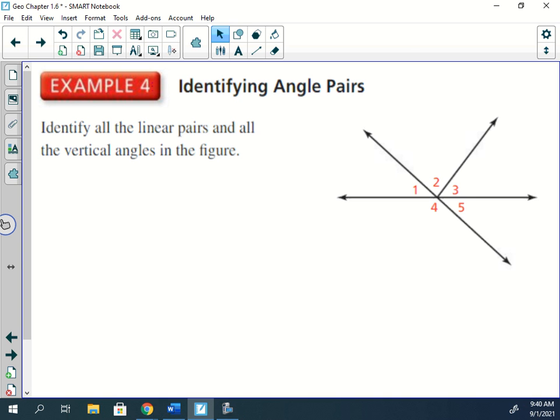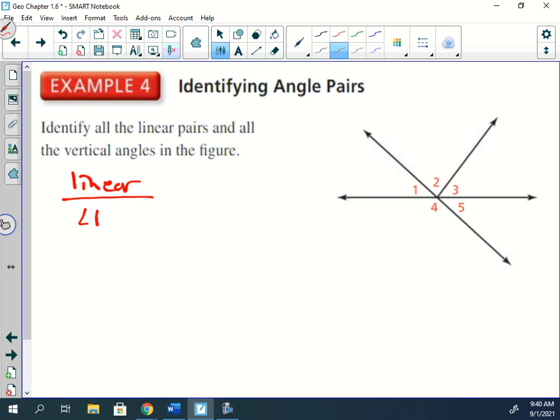Identify all linear pairs. So linear, angle 1 and, wouldn't be angle 2, because linear pairs make a straight line. Angles 1 and 4. Now, angles 1, 2, and 3 do make a straight line if we add those together.